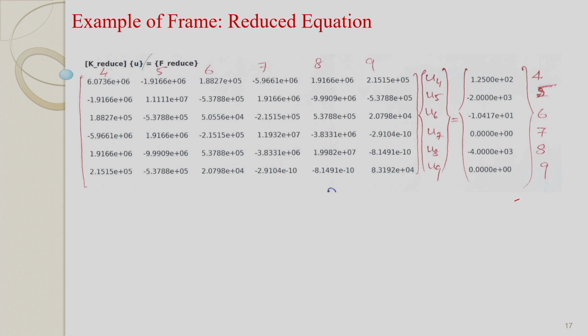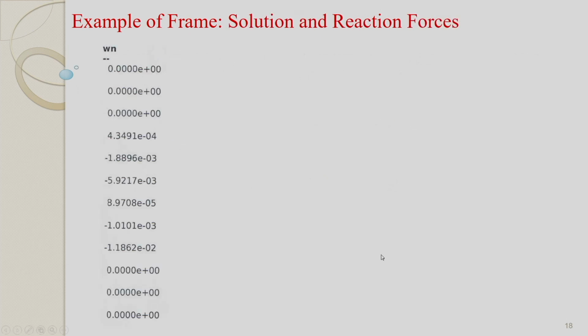So, after solving, we have this solution where U1 to U3 are 0, then U4 to U9 we get from solving, and after that U10 to U12 are also 0.